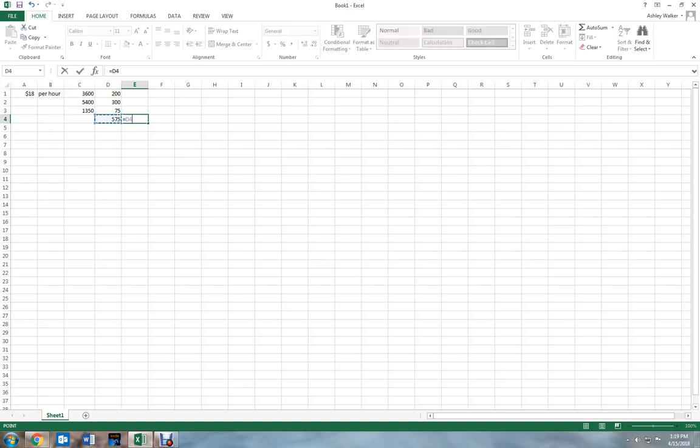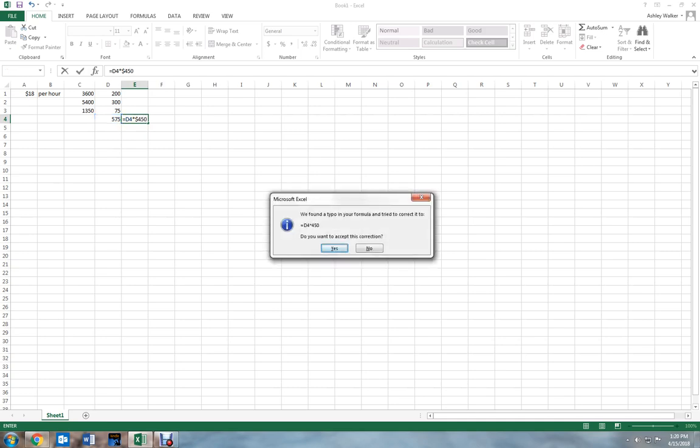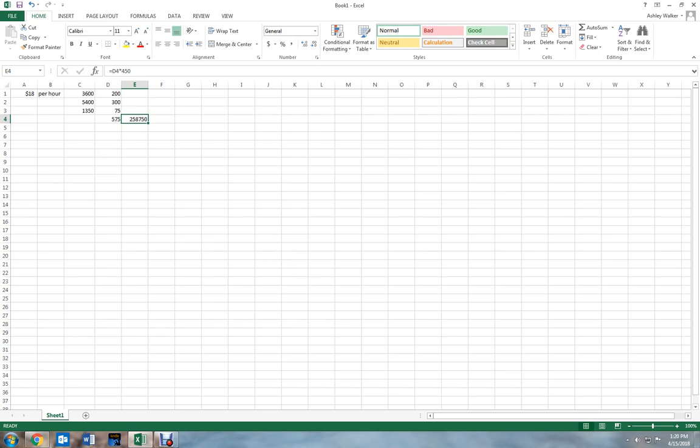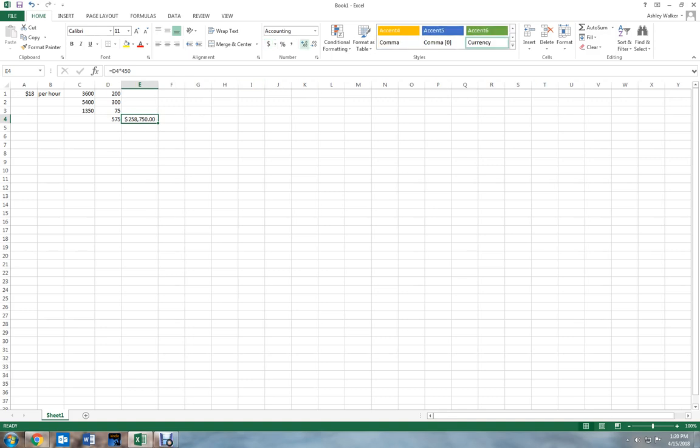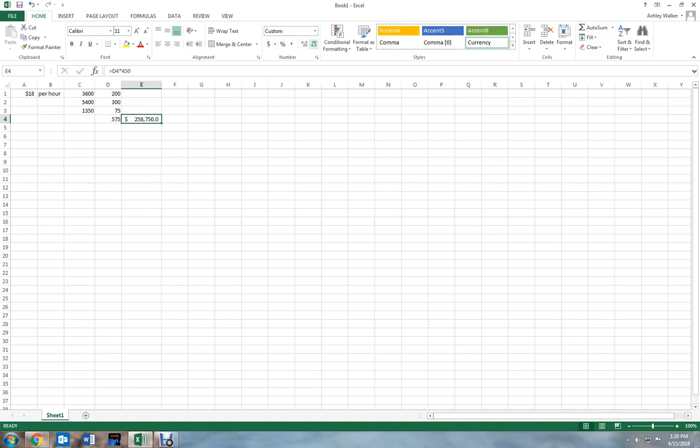So if we multiply that by $450 per direct labor hour, we know that we had 258,750 in overhead. So this is our applied overhead. Let's go ahead and make that a number. Get rid of those pesky decimals.